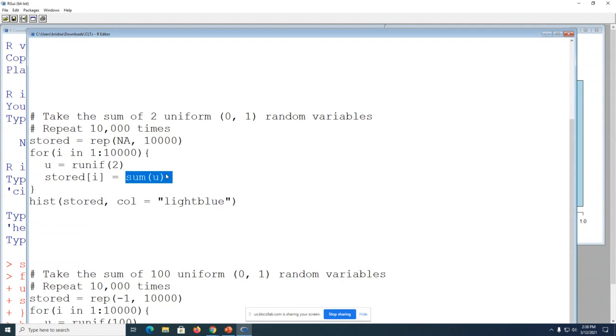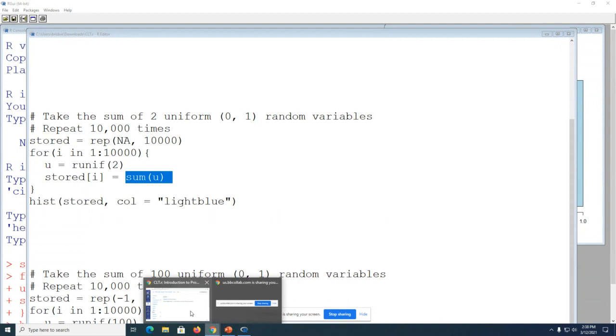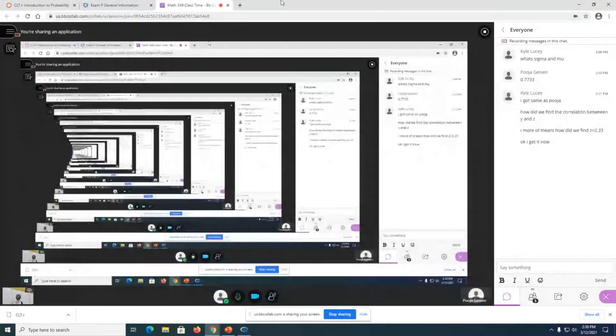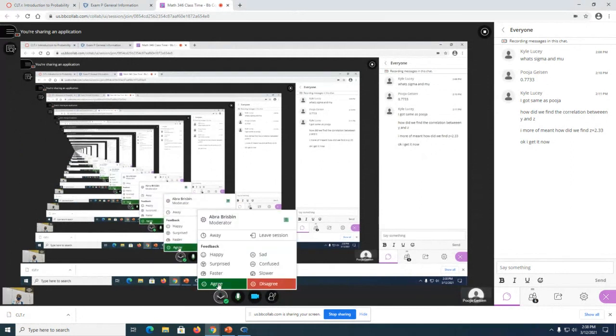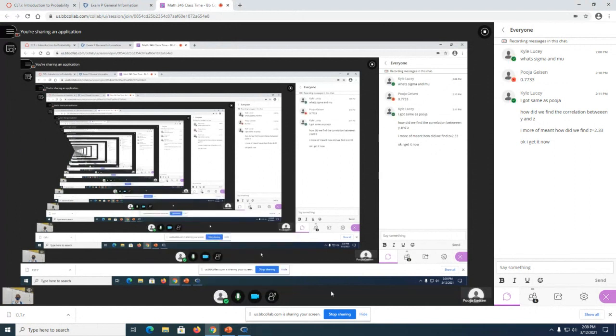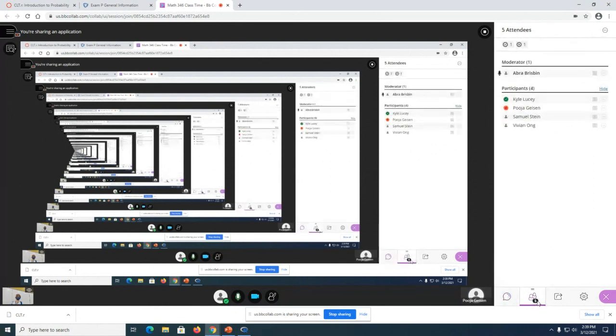Is this going to look like a bunch of bars of approximately equal heights between 0 and 1? Yes. Let's see. Thumbs up or thumbs down, or if you're online, you can use the reaction buttons to say agree for yes, disagree for no. Is this histogram going to look like a bunch of bars of approximately equal heights?